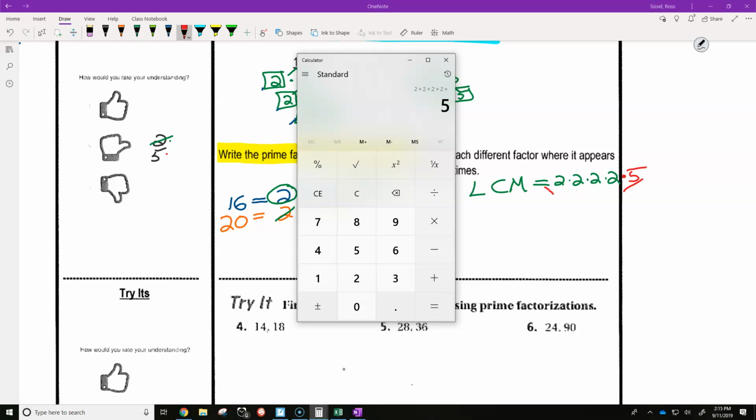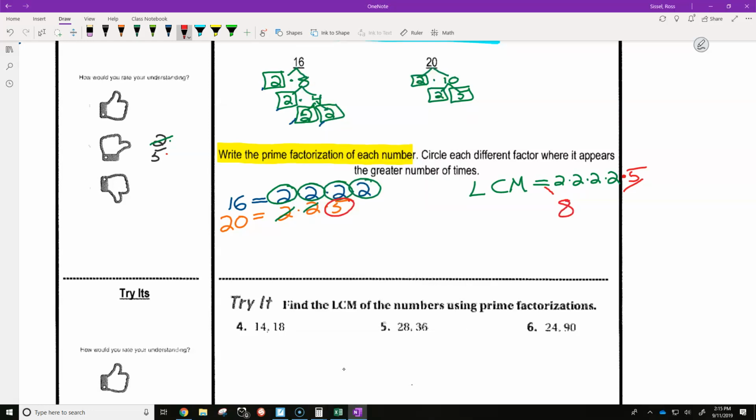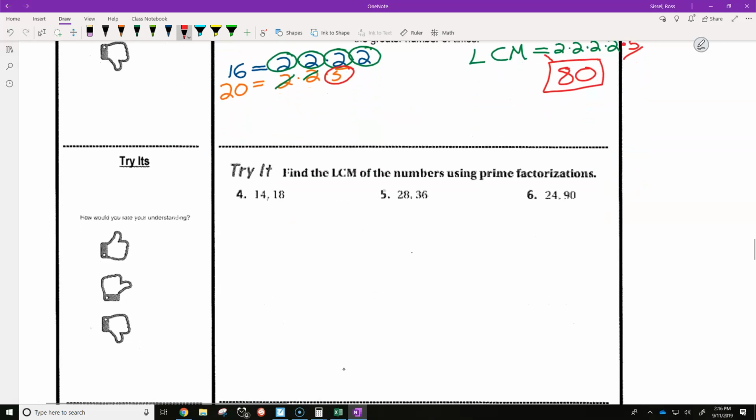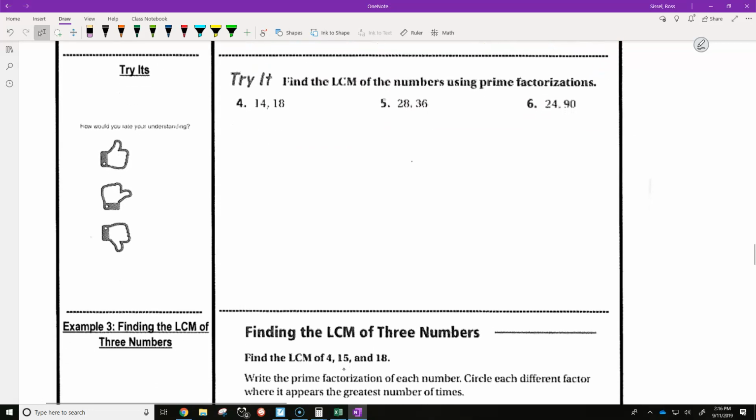I'm stopping in the middle of it now to talk to you about this. And I would get 80. That means 80 is my least common multiple. Okay? We're going to do a few examples. We're actually going to do 2 to 3 because we got to throw in Everett's here in a second.